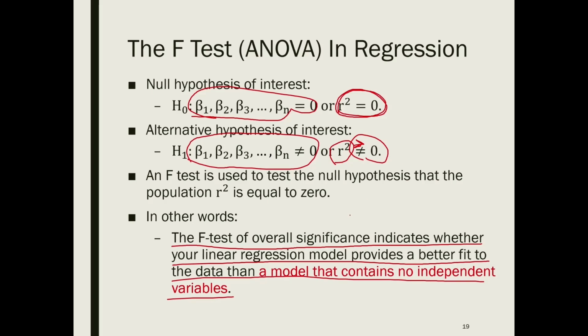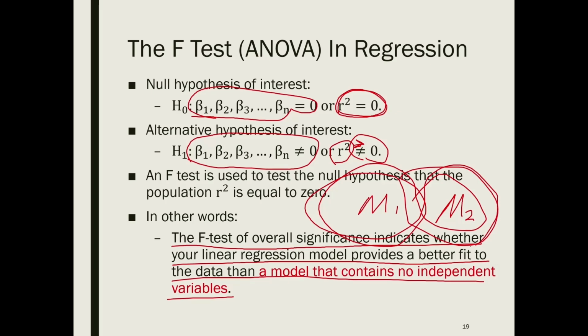So what it is doing is comparing model 1, which has all the independent variables, with model 2, which has no independent variables. The null hypothesis means those two models are the same. Okay, it has nothing different. The alternative hypothesis is that model 1 is significantly different from model 2.